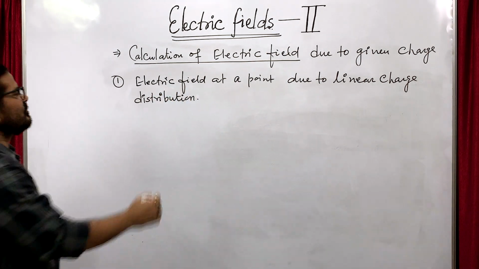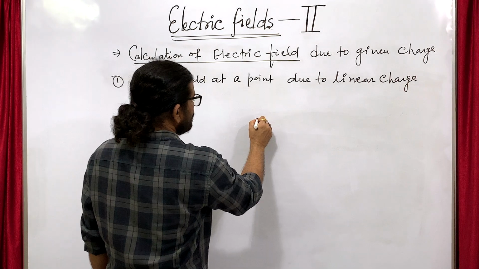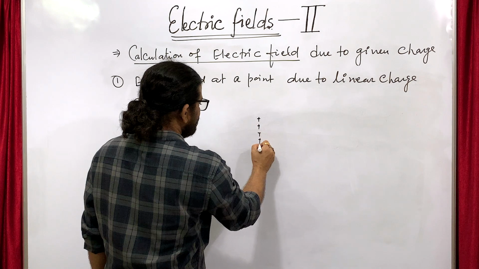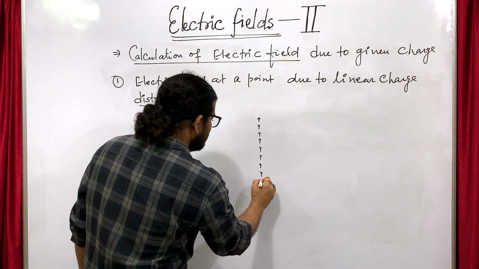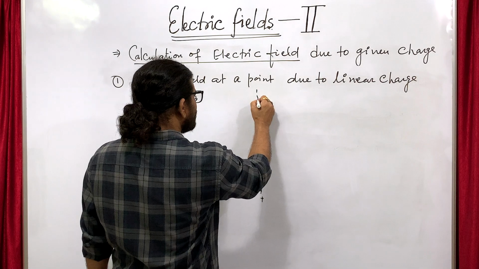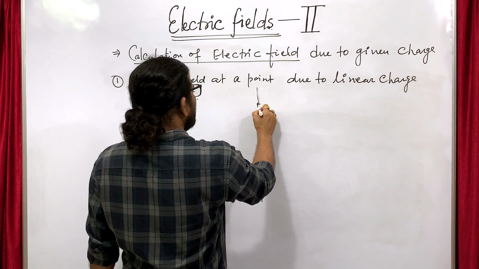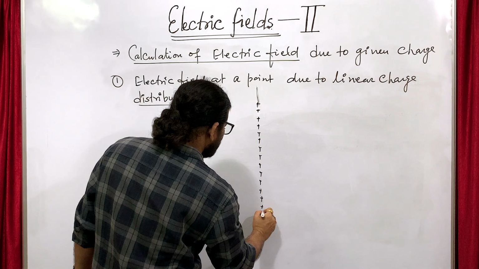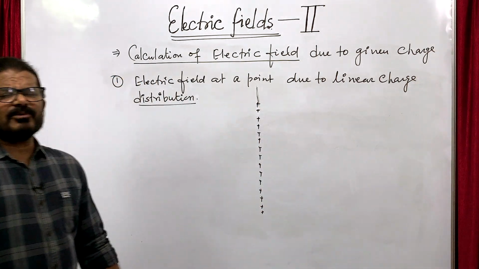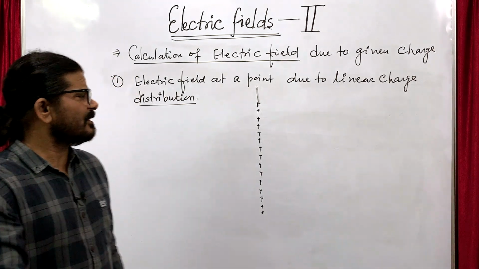Linear charge distribution. Now here we are taking, suppose, a line of charge. Suppose its length will be expressed in a linear parameter or an angular parameter, we will see.